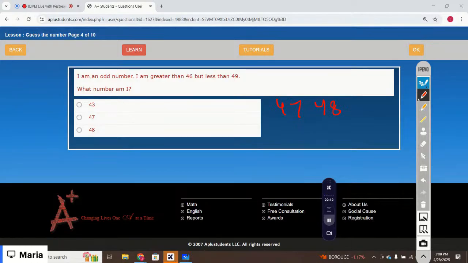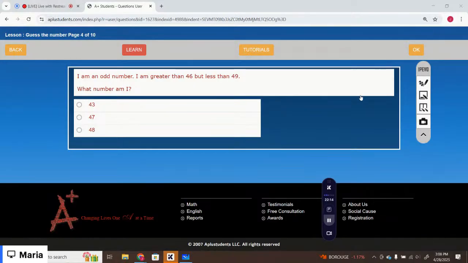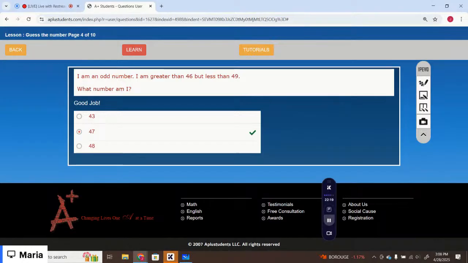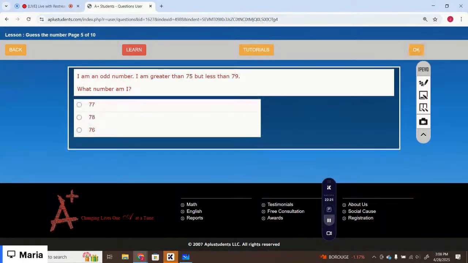The correct option is odd number means 47. Option number 2 is the correct option.